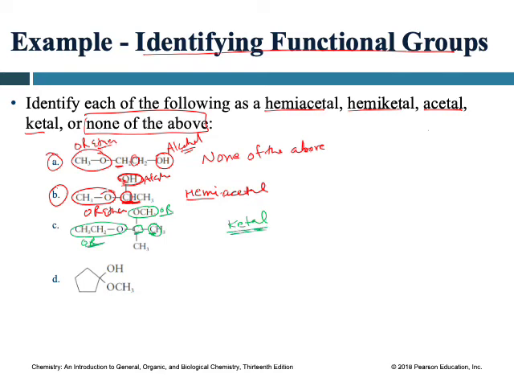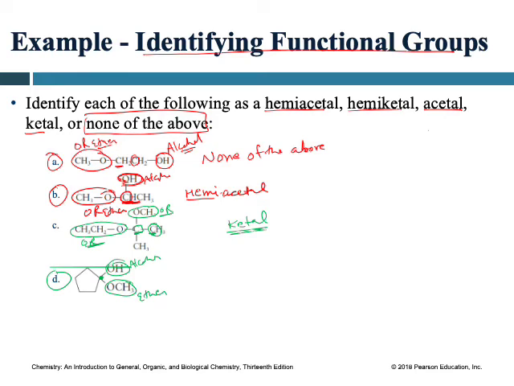If one of the groups, let's assume, is an OH alcohol, then it becomes a hemiketal. So now let's go to the D part. Over here, this is the carbon. The same carbon has an OH group, the same carbon has an OCH3 group, that means alcohol, ether, right?